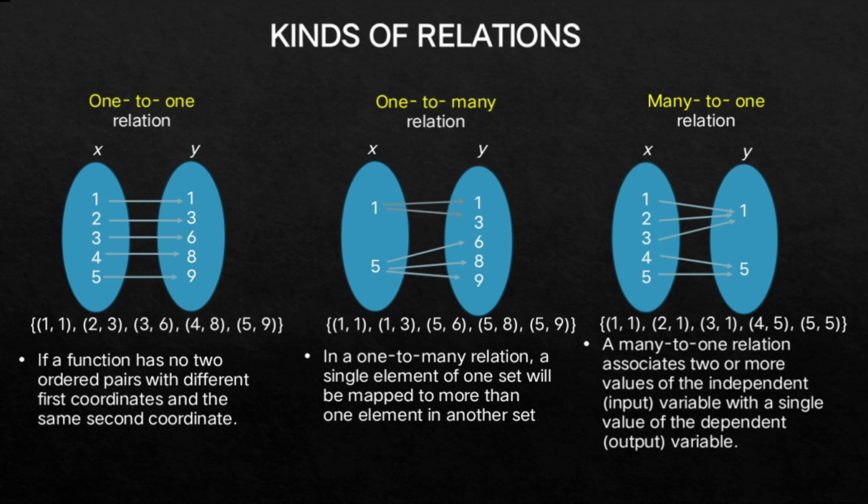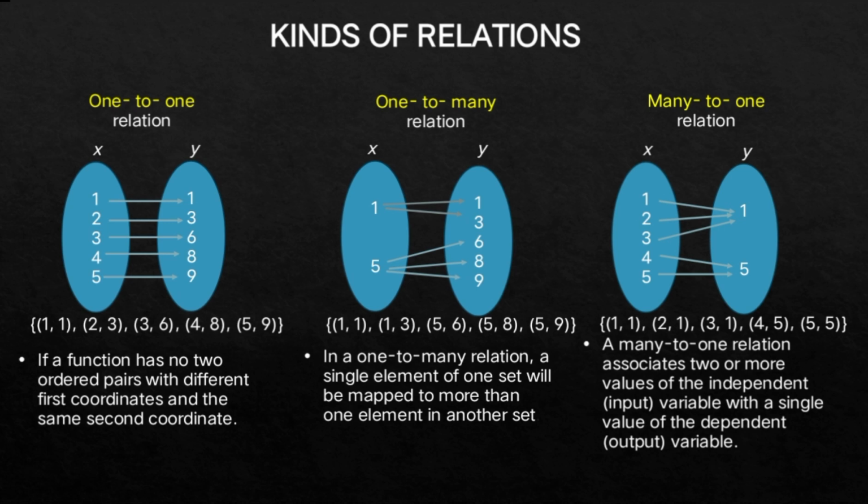And now let's proceed to kinds of relations, or kinds of correspondence. So we have here one-to-one relation, one-to-many relation, and many-to-one relation. For one-to-one relation, a function has no two ordered pairs with different first coordinates and the same second coordinates.